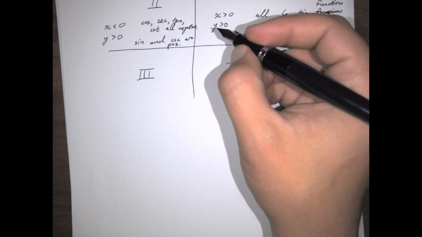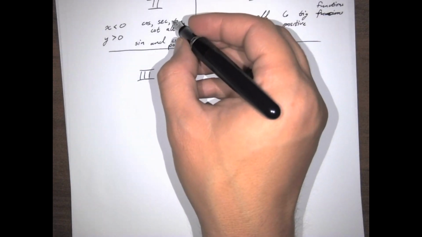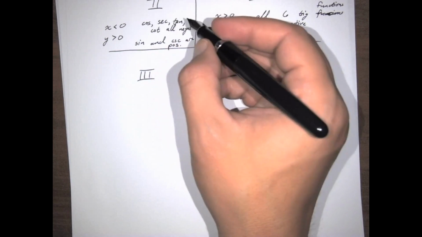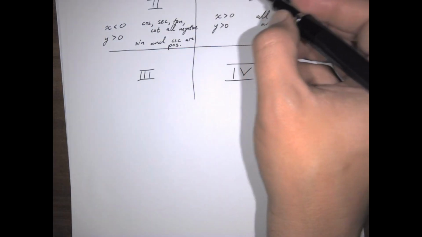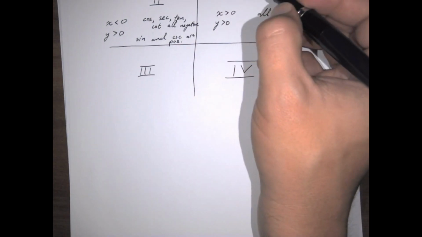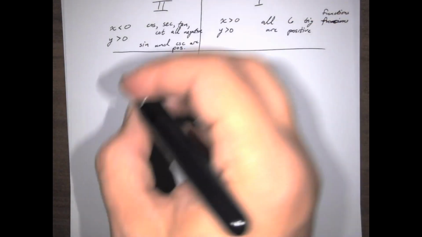So what we have here is everything that has any influence of the x in it is going to end up being negative. And anything that is totally absent the x, but only about the y, will be positive.